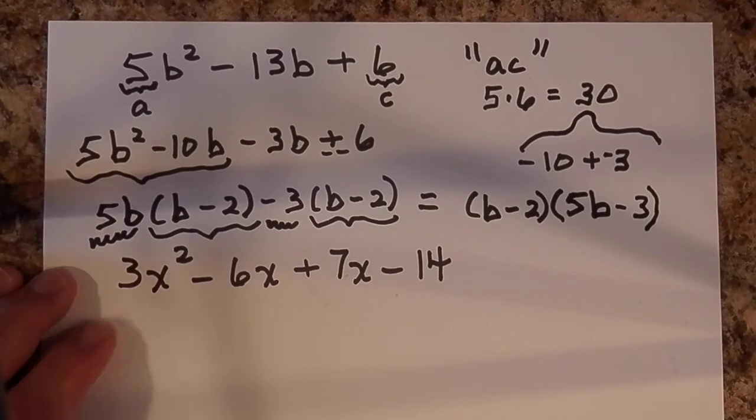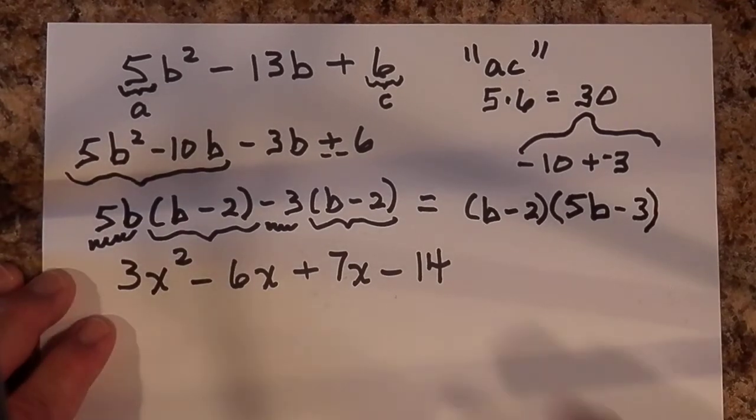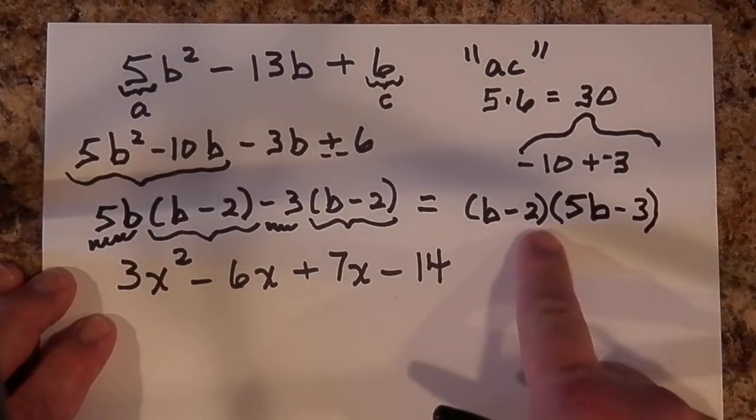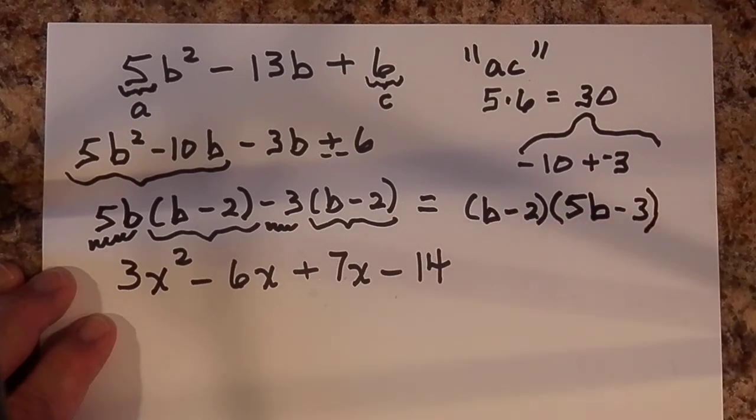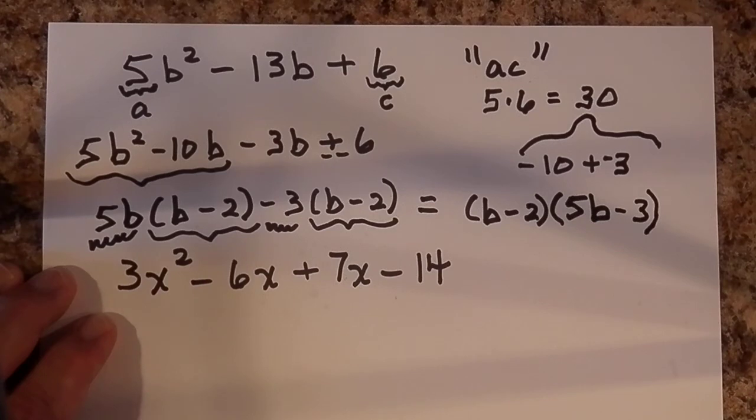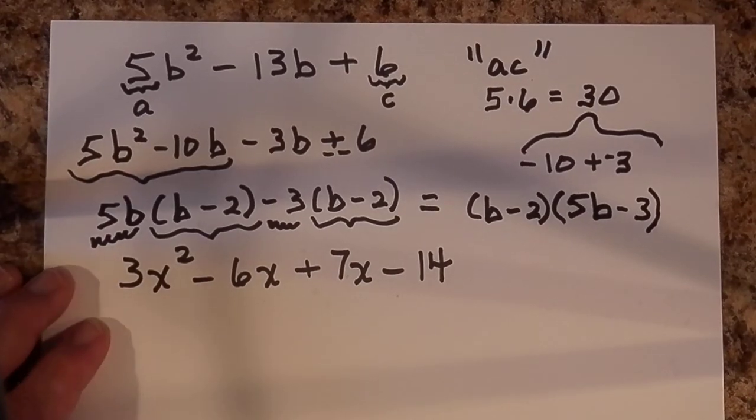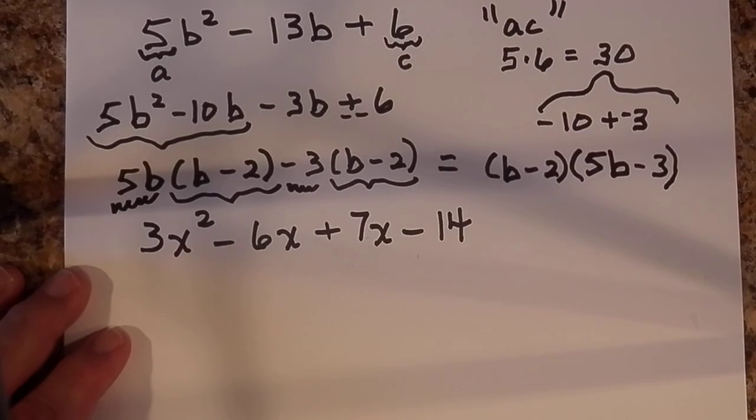You can also do this by what's called trial and error. You could just guess and check over and over again these multiple combinations of coefficients, but in this case the AC method worked out to our advantage.